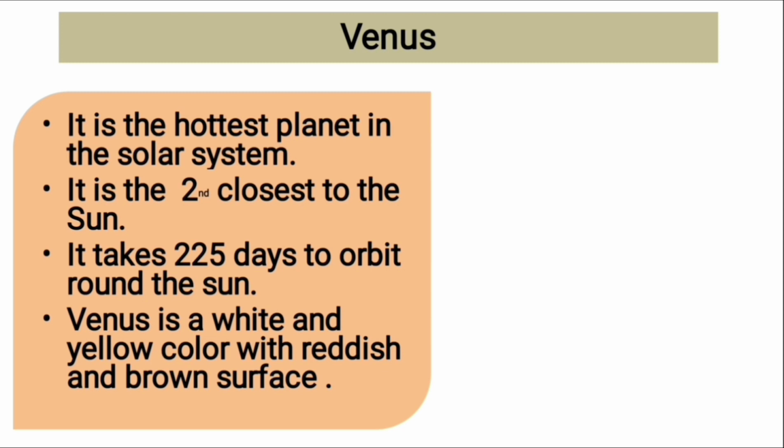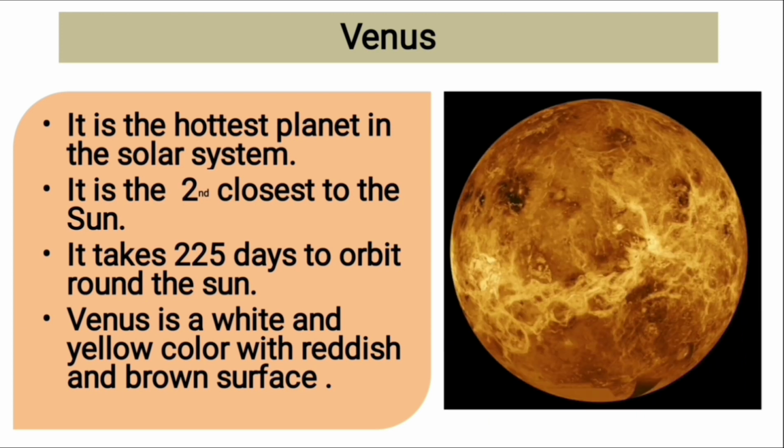Venus is white and yellow in color with a reddish and brown surface. The surface of Venus is completely obscured by clouds. Its size is similar to the Earth. In this picture, we can see Venus.